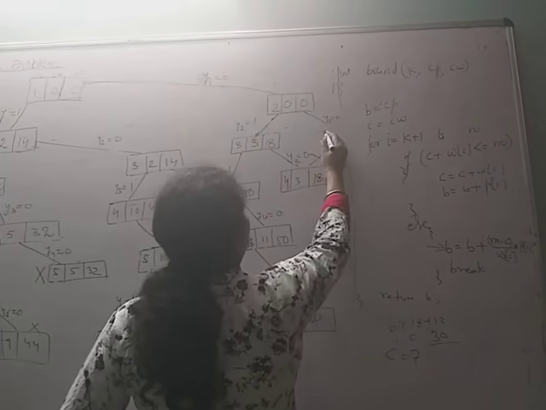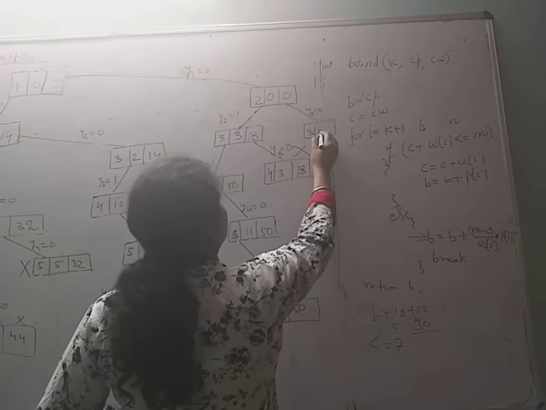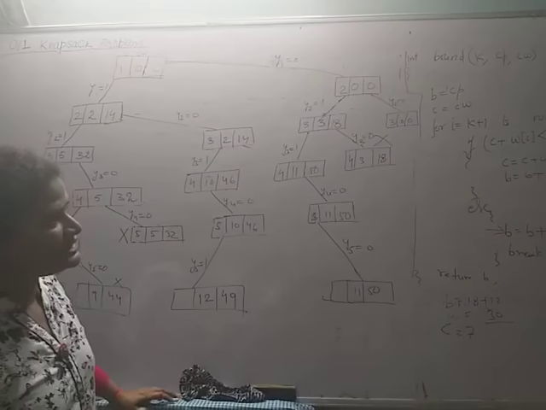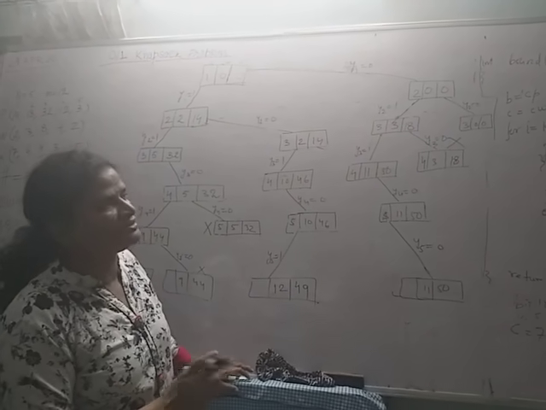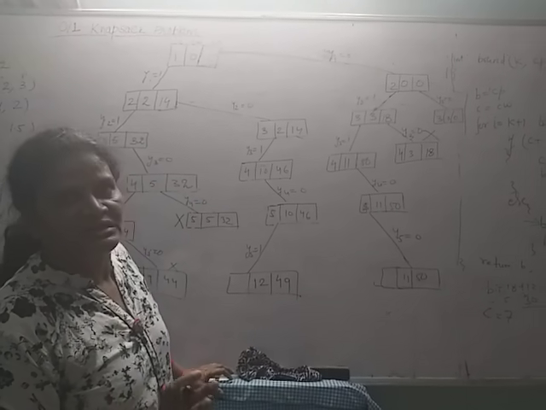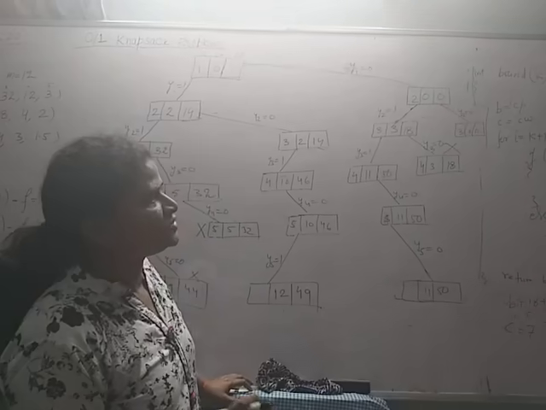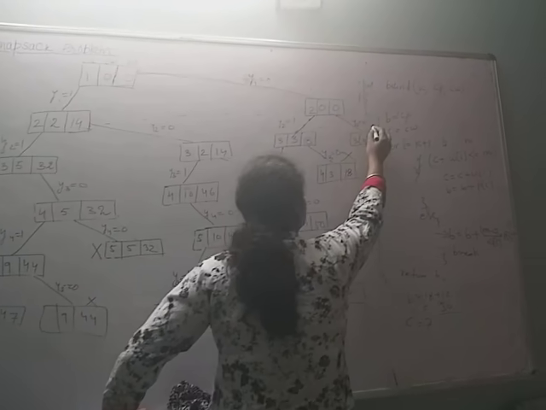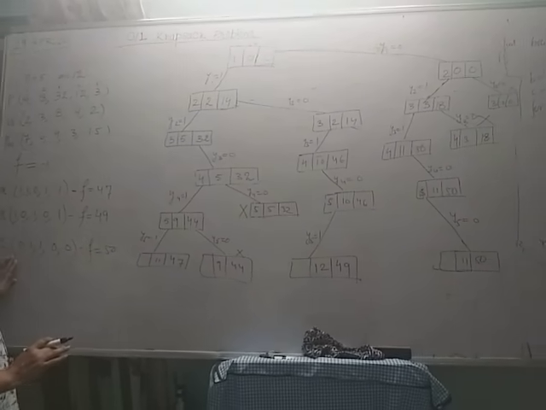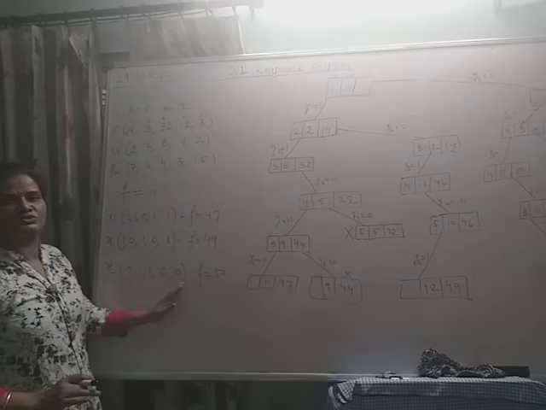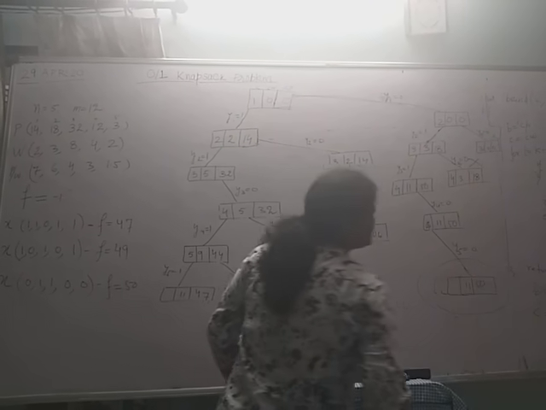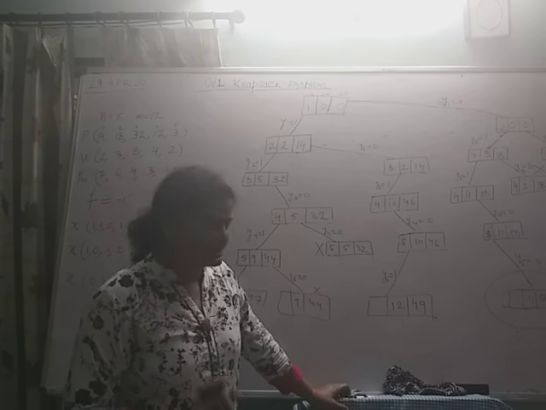You can check that this will not give the optimal solution, so again this node is killed. Finally the solution vector is generated, 0, 1, 1, 0, 0. This is the leaf node, which is your answer state.